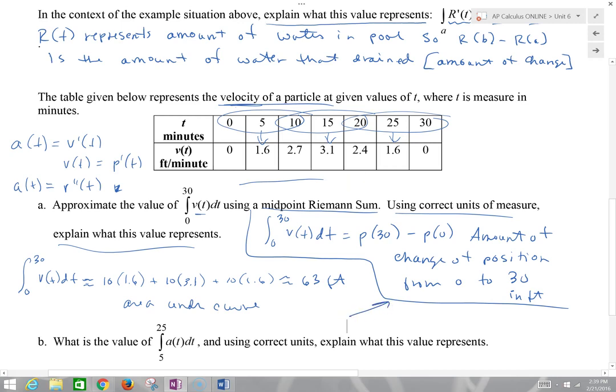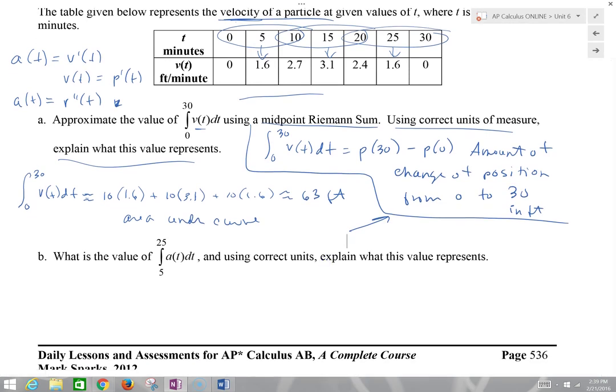So now let's try finding the integral from 5 to 25 of the acceleration. And just like we did above, where we worked backwards, took the antiderivative of velocity to get the position, we're going to take the antiderivative of acceleration, which is velocity.